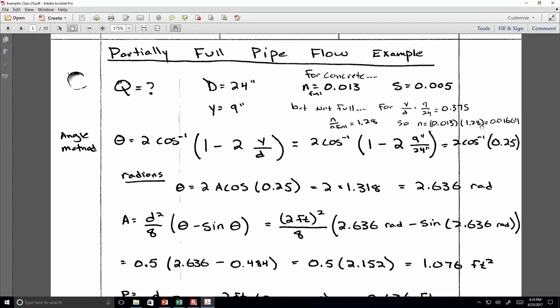So the n value, I got 0.01664. That's a little optimistic on the precision. So the angle, 2.636 radians. Everybody get that for the angle? Close, okay.